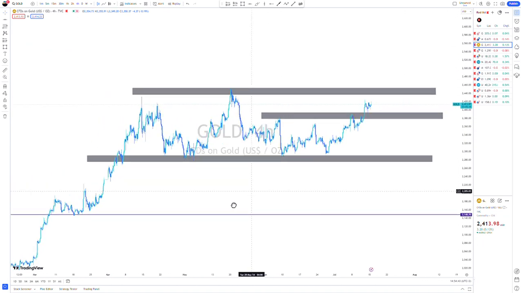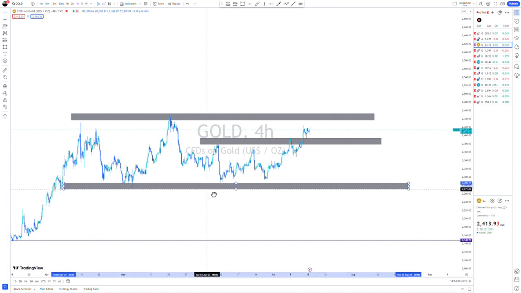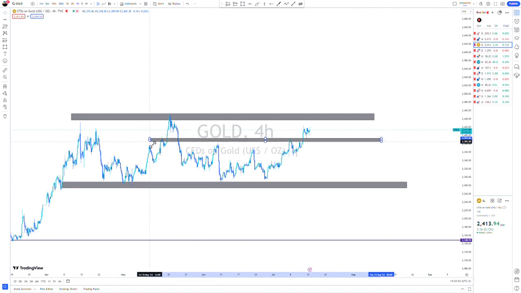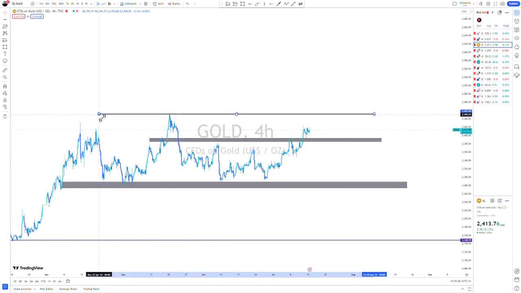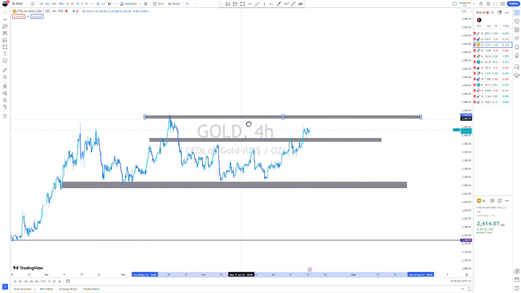As you can see, this is the side that I have to focus on. I can already tell that the market has broken above that zone, and we might be headed towards that area up there.